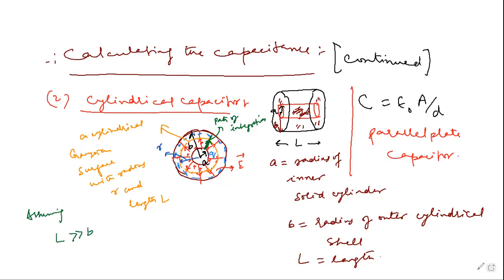to our Gaussian surface, applying Gauss's law, it says closed integral E dot dA is Q by epsilon naught. See, Q is the charge inside the Gaussian surface.